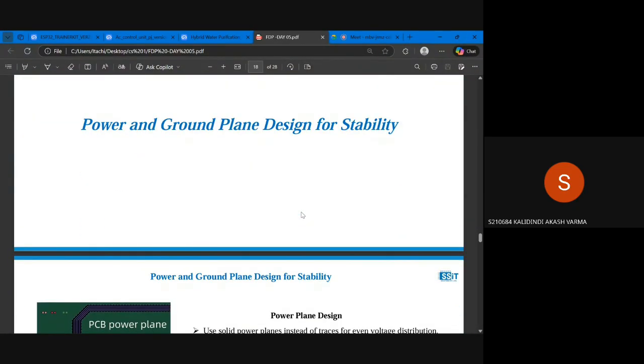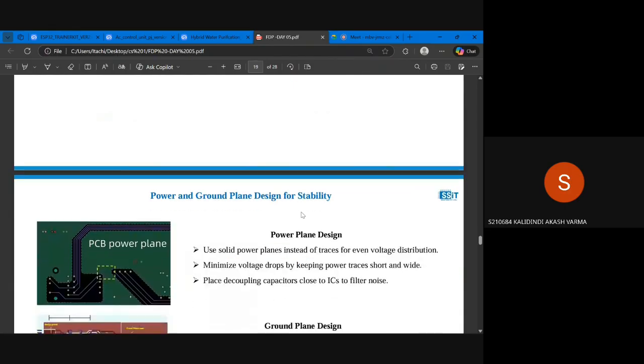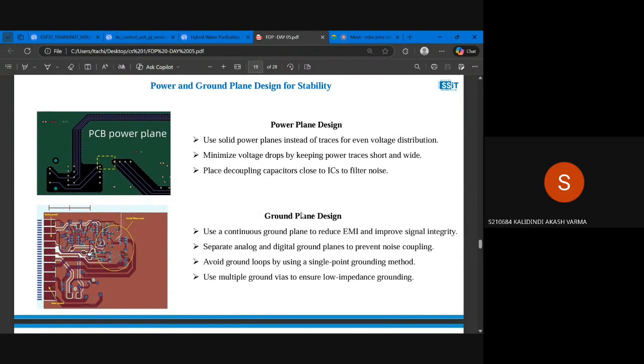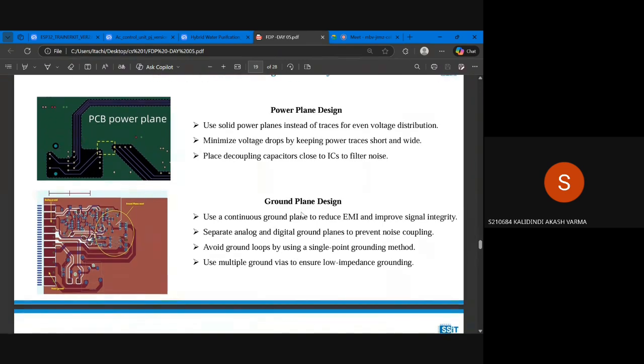So now we will discuss power and ground plane design for stability. The thing is very simple. If you take any PCB, first we go for component placement, thereafter we go for power planes. For power, we should go for separate dedicated planes so that there will be continuity and uniform distribution.